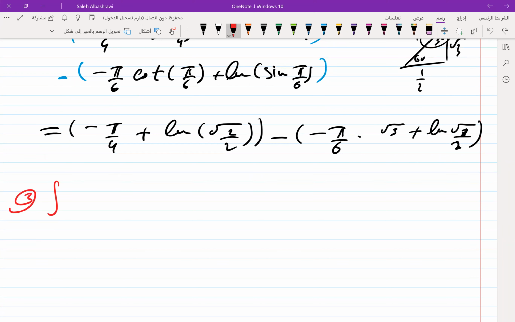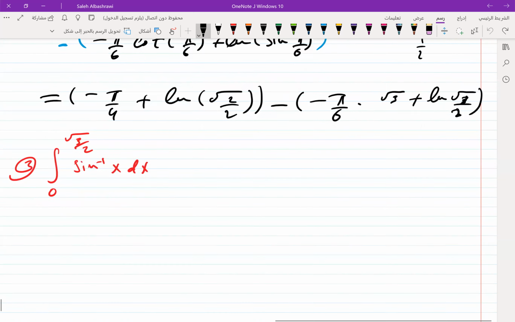The integration of sine inverse x between 0 and square root of 3 divided by 2. We mentioned this type of integration in the topic of integration by parts.